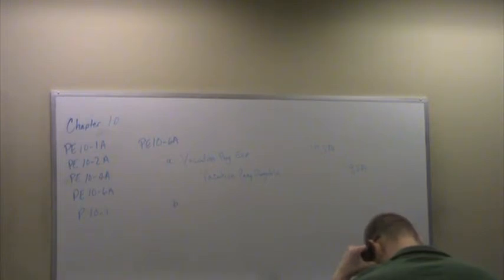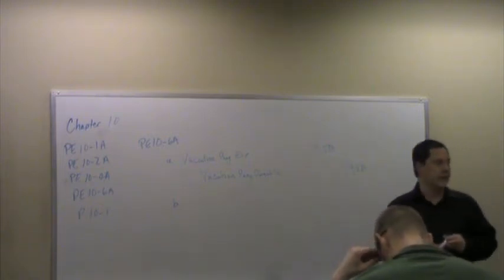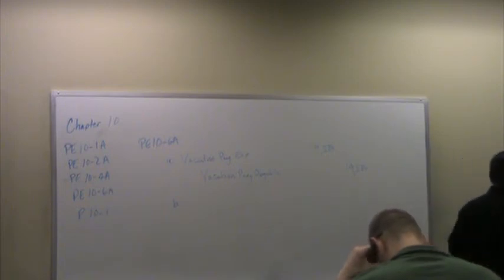All right, the second part of the question says pension benefit. That's what we have to figure out. So the pension plan requires a contribution to the plan administrator equal to 6% of the employee's salaries. Salaries worth $260,000. So basically it's 6% of the $260,000.